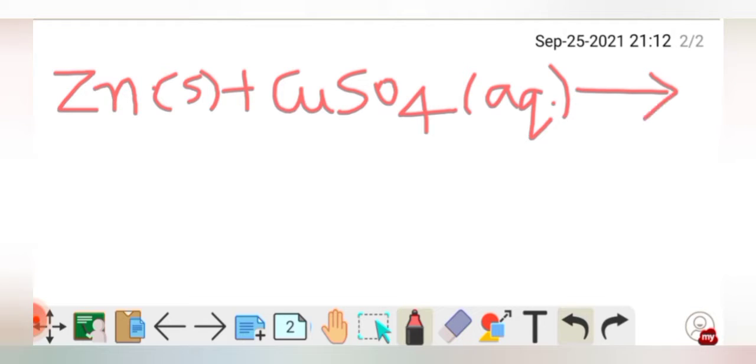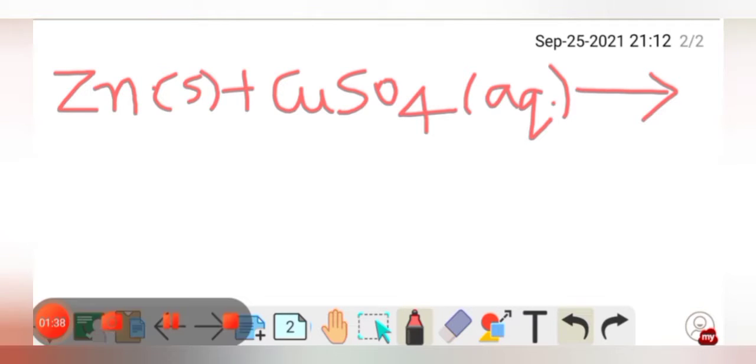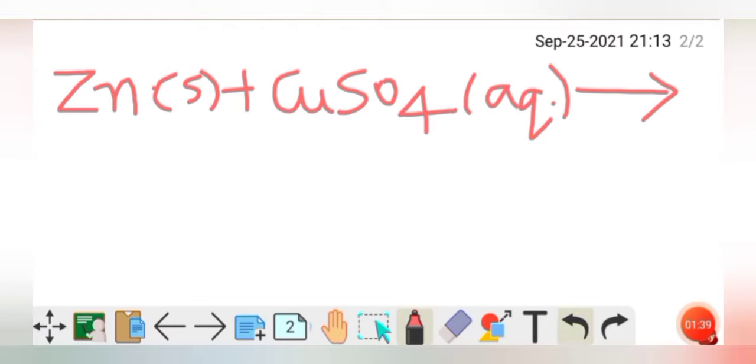When it reacts, then first you note down that copper sulfate solution is blue in color. Okay, so I'll write it down, blue in color.